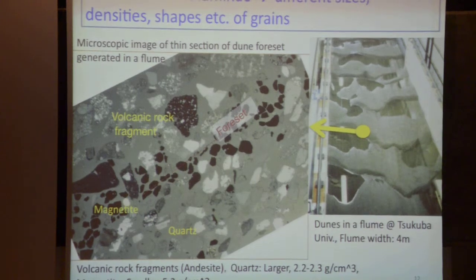So small, denser, heavier magnetite and lighter, bigger grains are deposited separately and make the laminae identifiable.